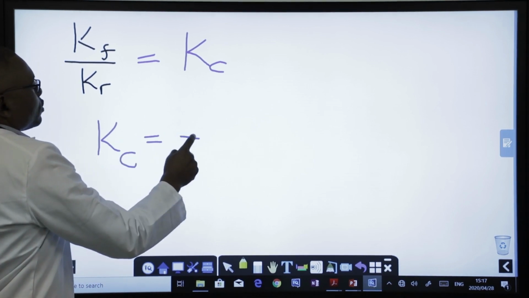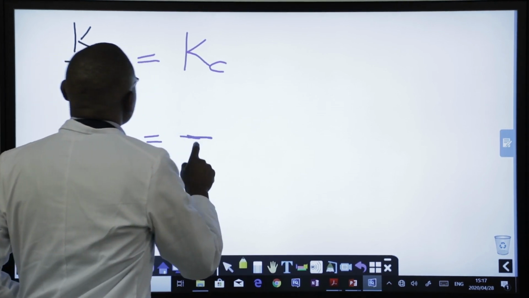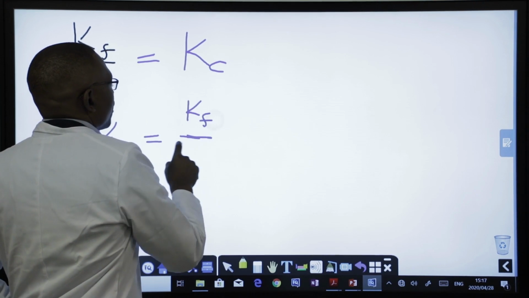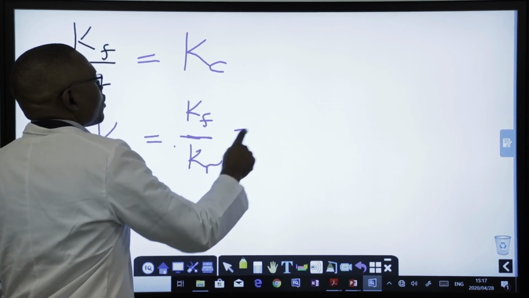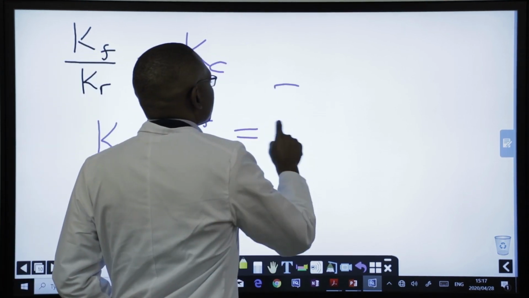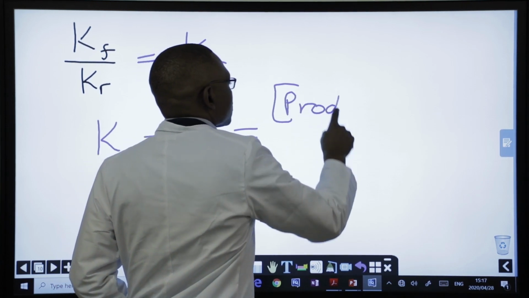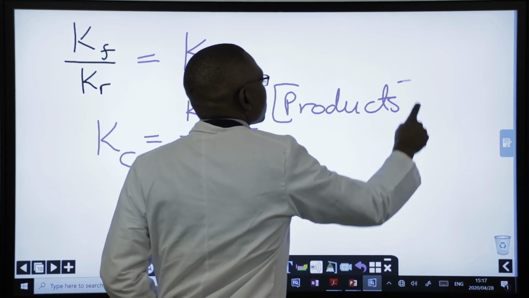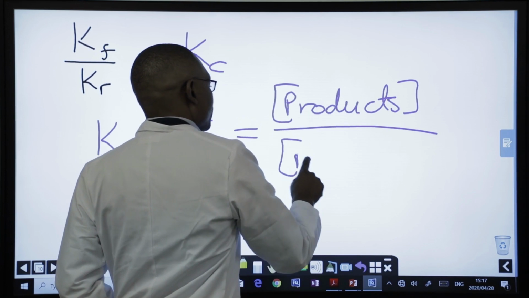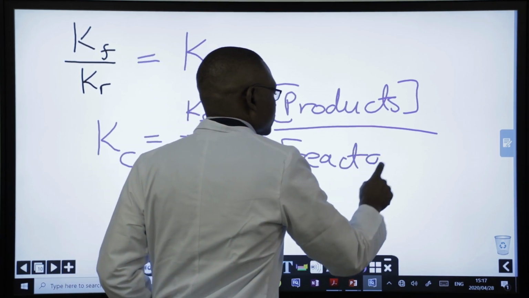is equal to Kf over Kr, which is equal to the concentration of products over the concentration of reactants.